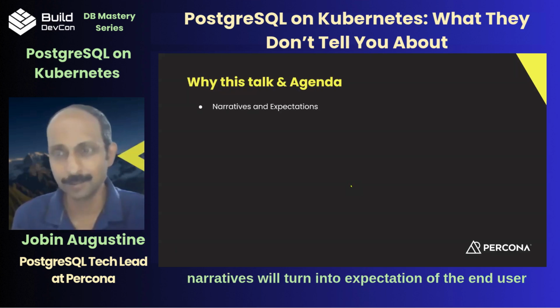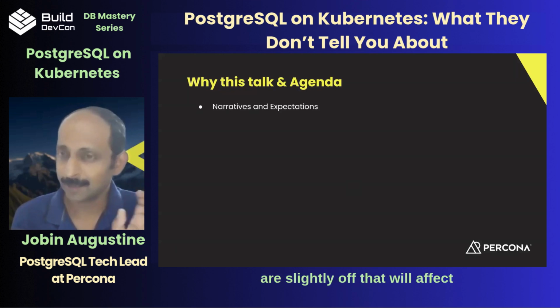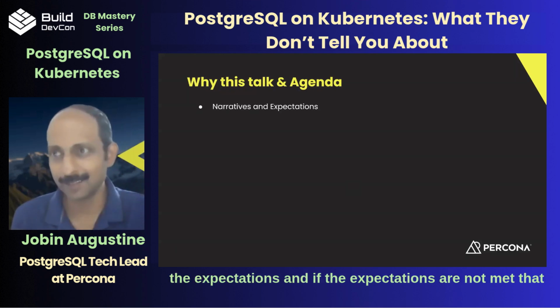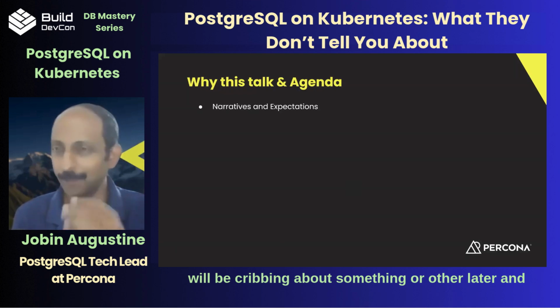The end user will have an expectation based on the narratives. If the narratives are slightly off, that will affect the expectations. And if the expectations are not met, that is going to be dissatisfaction. People will be cribbing about something or other later.